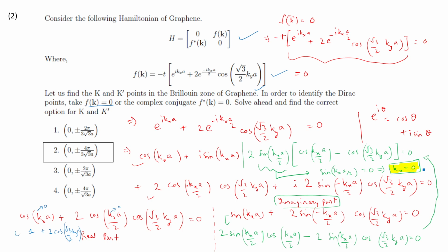This has to be equal to 0. So what we get is cos(√3/2 kya) should be minus 1/2.